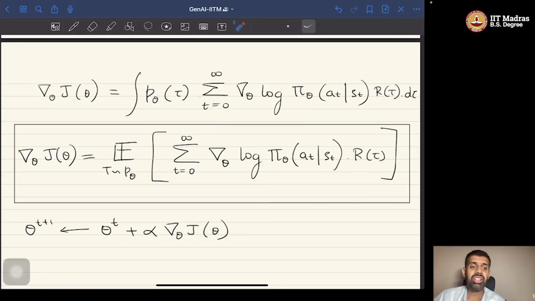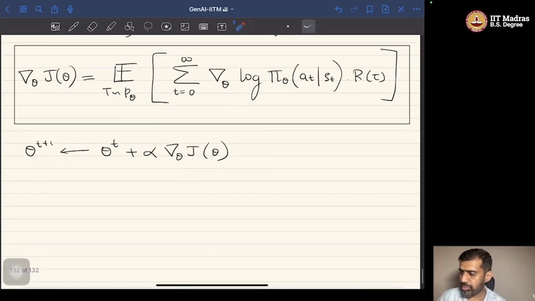Another observation in the equation that we just derived is that this expression applies the same total return R of tau to all time steps t, regardless of when the action was actually taken. So we have this R of tau here that would apply the exact same return at all time steps. Now we can make it more efficient by defining another quantity R_t, which is called the reward-to-go, or return from t.